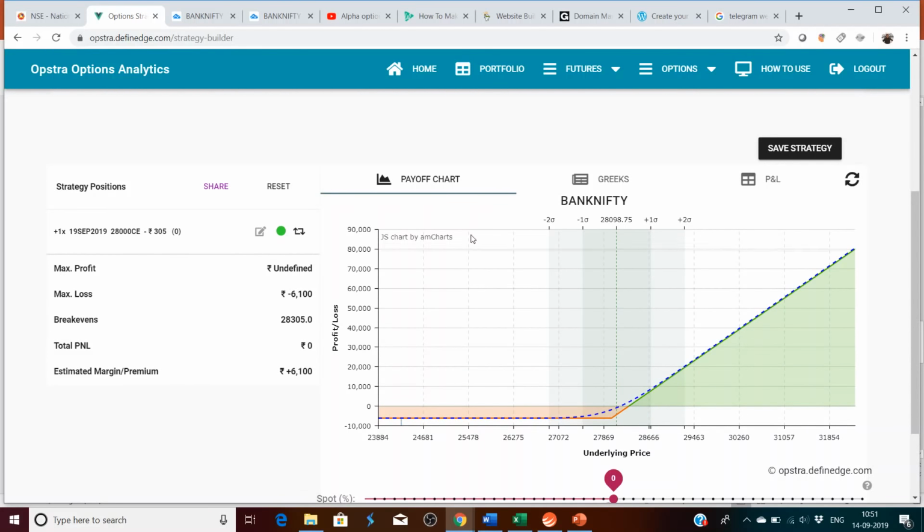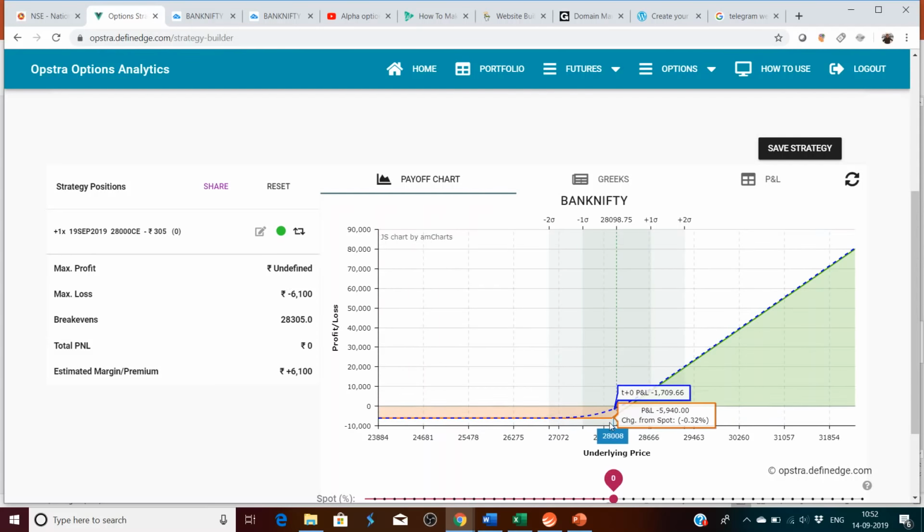So this is your call option. Your max loss is 6,100, which is this 305 rupees which you have paid to buy this. And what is your profit? Your profit is unlimited, undefined, not unlimited, and it goes up to 75,000 till the date of expiry. So your break-even point is 28,305.